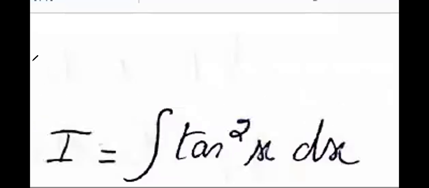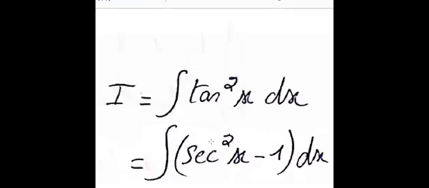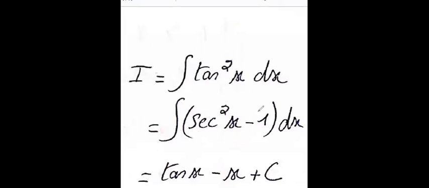So tangent squared is equal to secant squared minus 1. Now I have the integral of secant squared minus 1, and easily I can say that the integral of secant squared is tangent, the integral of 1 is x, so I get tangent x minus x plus a constant c.